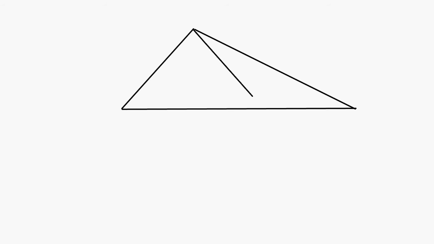Problem 2. Angle A here is 60 degrees. ABD is 75 degrees. And BDC is 25 degrees.